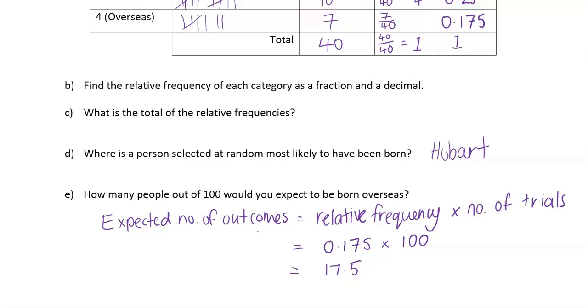Now, this isn't really a logical answer because we can't have 17.5 people. So we would need to round that off. Because it's 17.5, we would round up to the next integer, which is 18 people. So we would expect that 18 people out of 100 would be born overseas based on the relative frequency that we calculated from our survey.